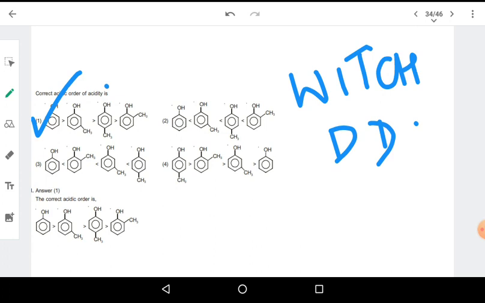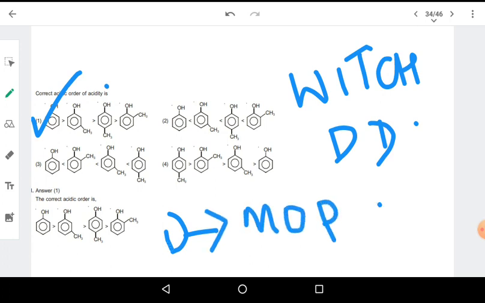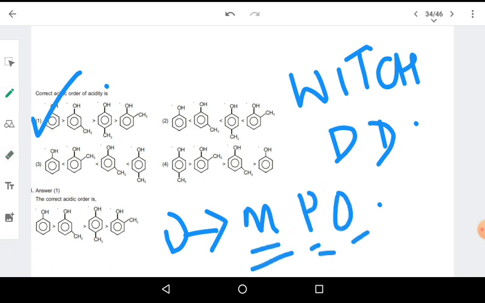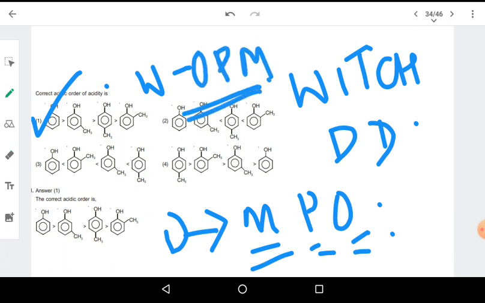Now remember that whenever we have a donating group like CH3, it will follow the order MPO, meta, then para and least for ortho. And in the case of a withdrawing group it is OPM. This is the decreasing order.